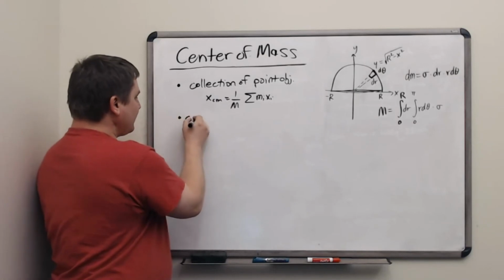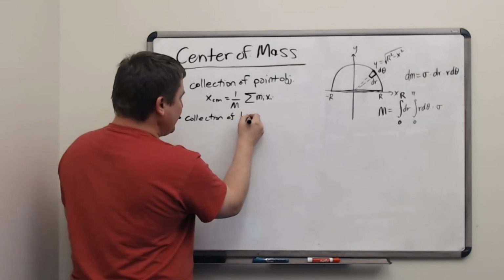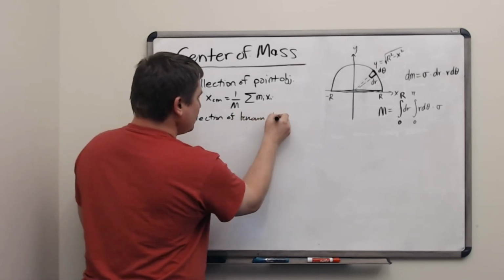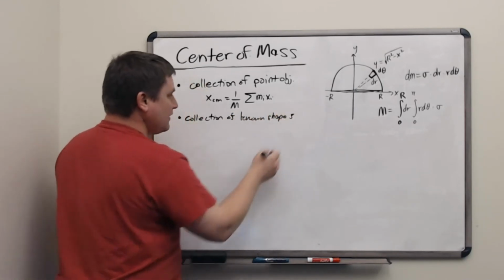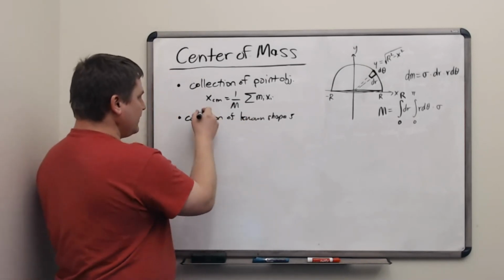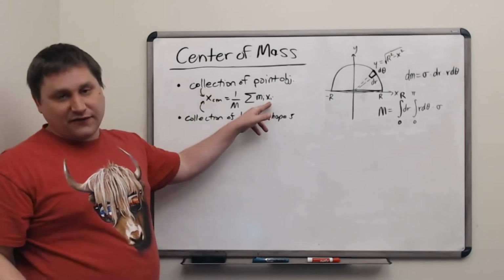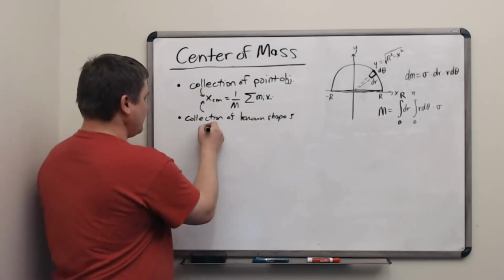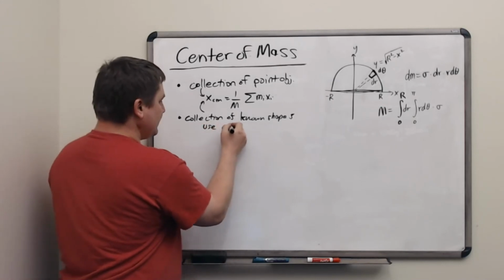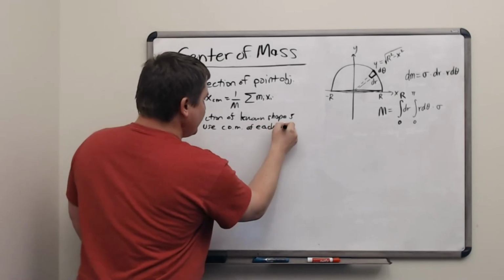If we have a collection of known shapes, we also do the same thing using the x or y coordinate of their centers. So we use the center of mass of each shape.